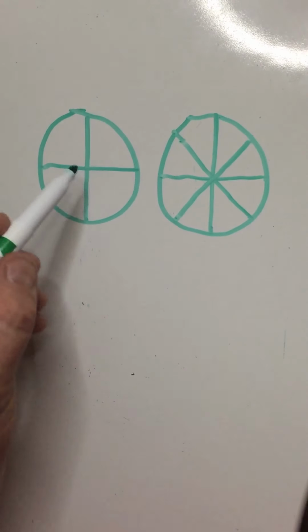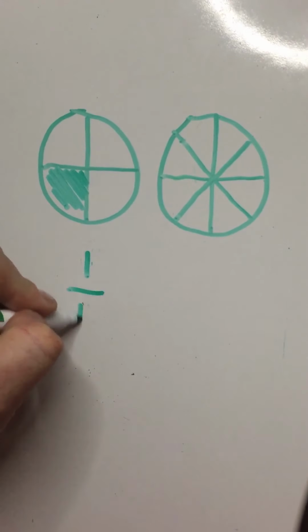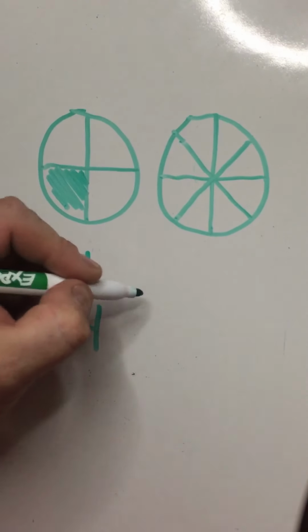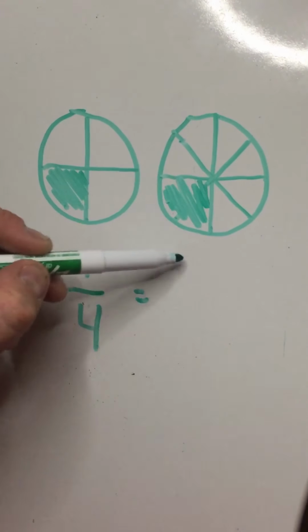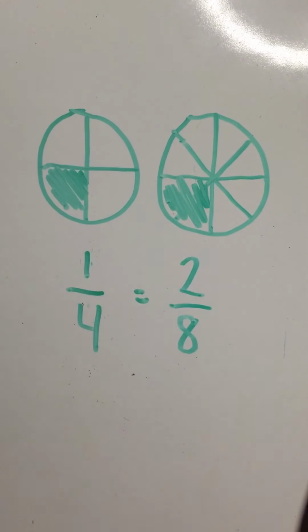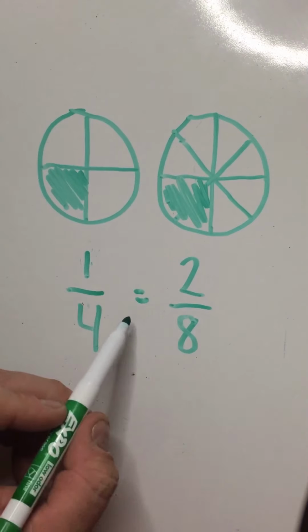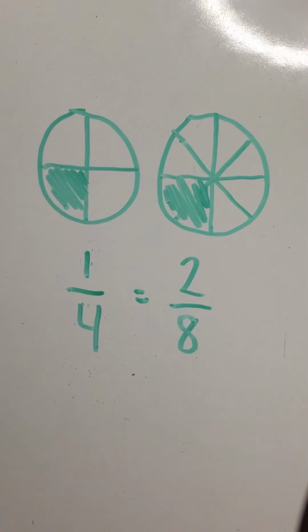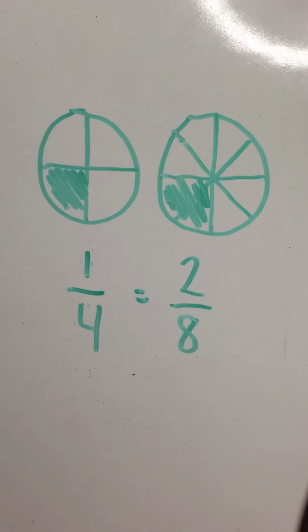So in other words, if I had 1/4 of this pizza, that is actually equal to 2/8 of this pizza. So in other words, 1/4 is actually equal to 2/8. Even though it's using different numbers, it means the same thing, because if I take 2 slices here or 1 slice here, I'm eating the same exact amount of pizza.